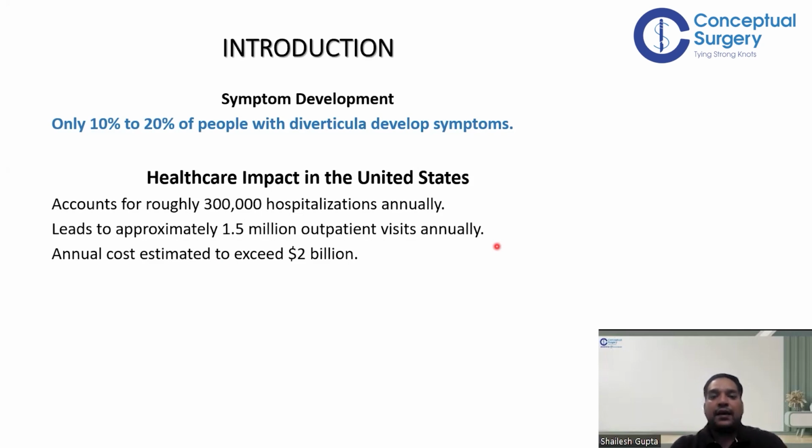And it is seen that colon diverticula alone has 3 lakh hospitalization annually in the US, and it lead to 1.5 million OPD visit, like 15 lakh OPD visit annually होती है, and annual cost of this total expenditure is more than 2 billion. So US का population है 25 crore. So despite of that, इतना high उसका इस disease का burden है.